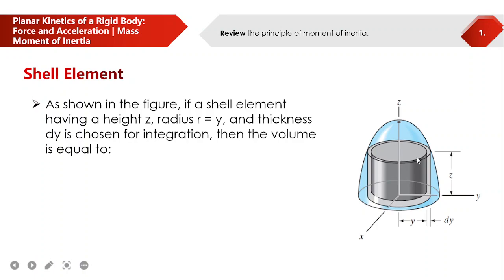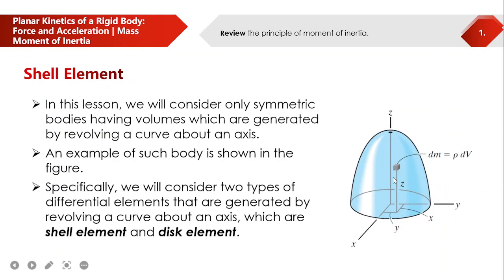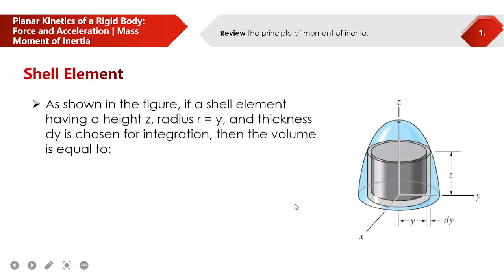Kumbaga, let's have a bigger picture. If this is our differential element and it has a thickness of dy, kasi nga dito yung thickness niya nasa axis ng y. We state that the thickness is dy kasi nga it's along the y axis siya.